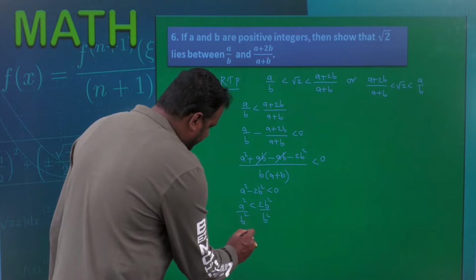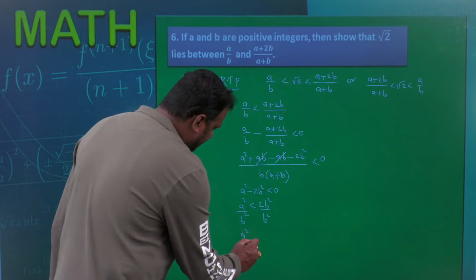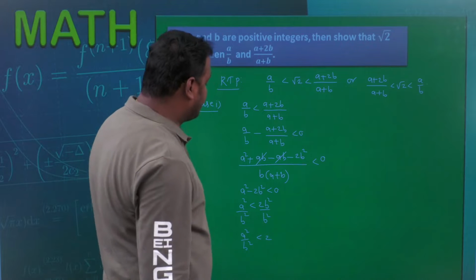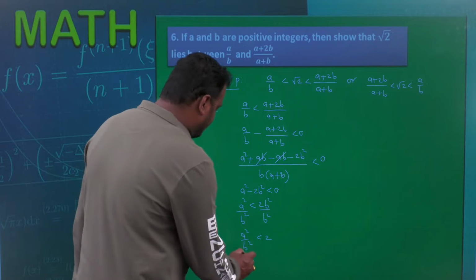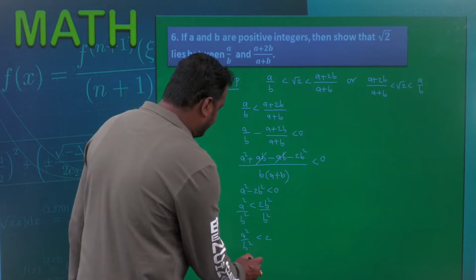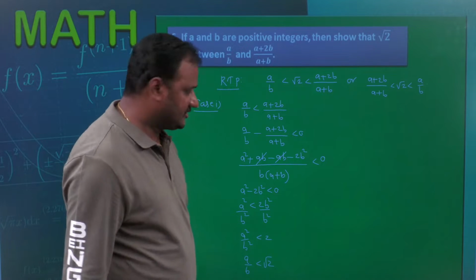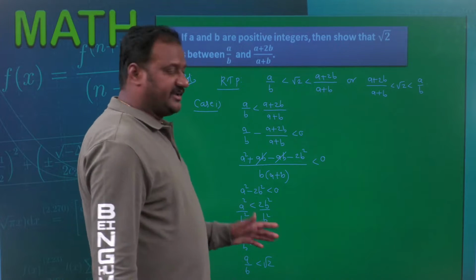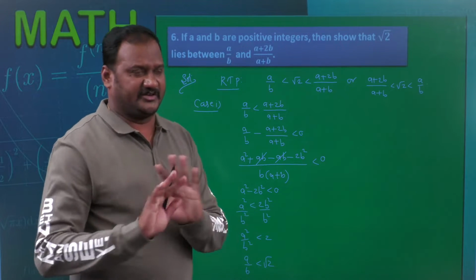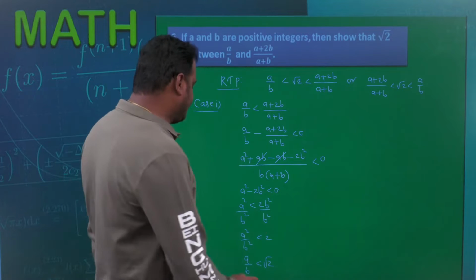Then a square by b square is less than 2. Then we can easily write a by b is less than square root 2 if you take square roots on both the sides, because a square and b square are both positive numbers, so taking the square root does not matter.